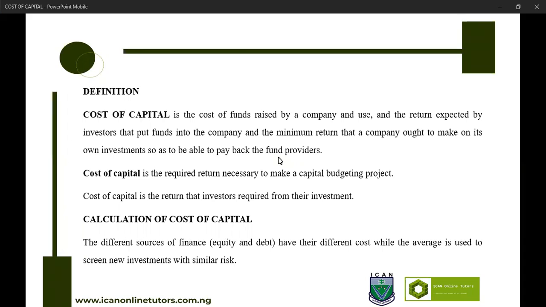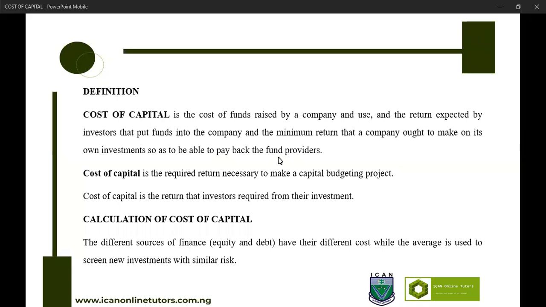After the project execution, it is also expected that there will be a return, that is, a profit, having settled both the principal and the interest and any other cost associated with sourcing this finance.